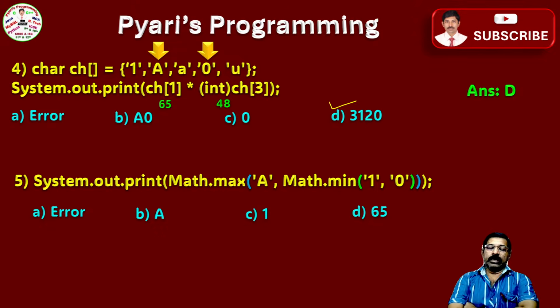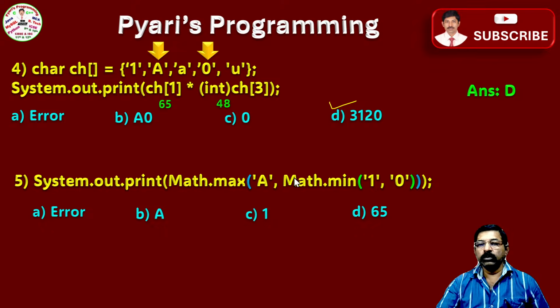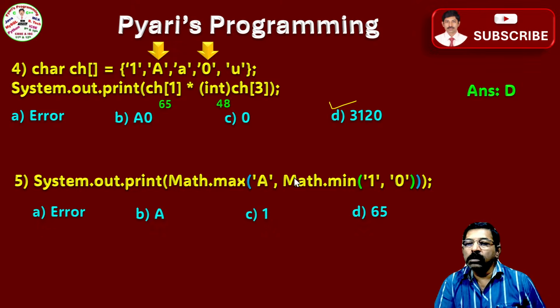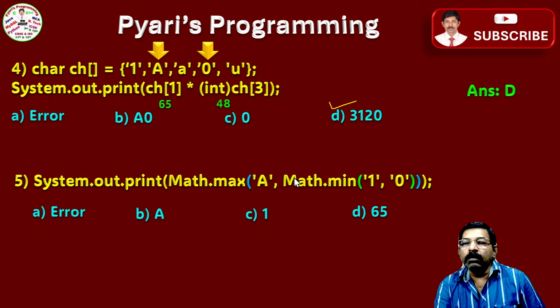Five, D. Reason? 65 because of ASCII. May I know your name, whose answer I am ignoring? I am unable to know your name.